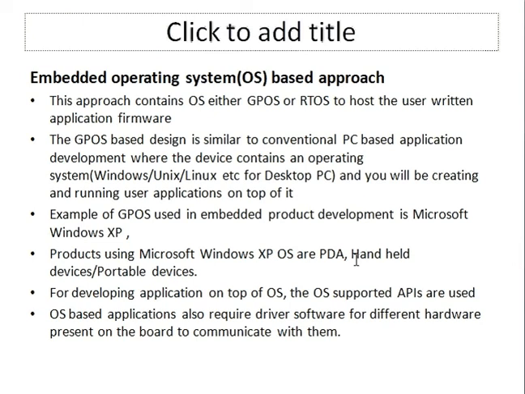And what are the products? Your handheld devices. It can be a PDA, portable personal digital assistants. You can use even your tablet PC, all mobile devices where you expect the response time to be very fast.